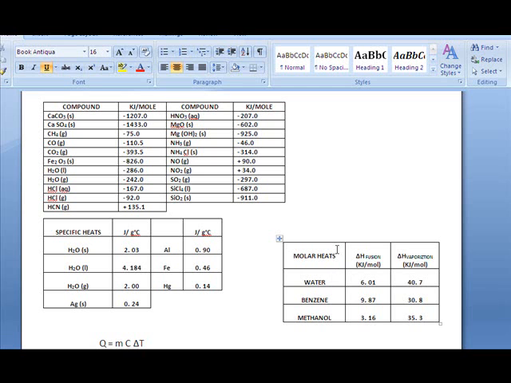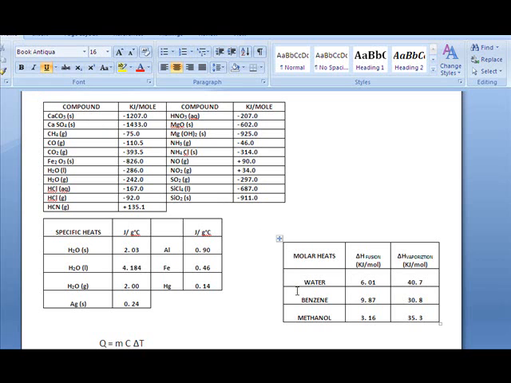What you can see is the table lists values of molar heat for different substances. It lists values for specific heat when temperature is changing. And this last one is one we have not talked about yet, which is the heat of formation, which is part of the heat of reaction calculation. We'll look at those later.